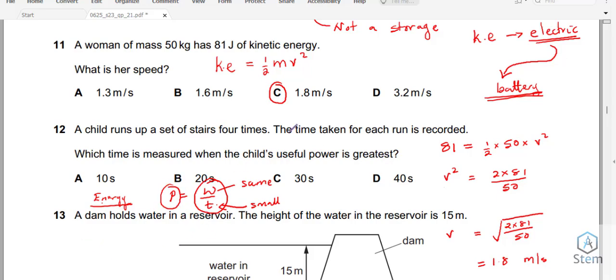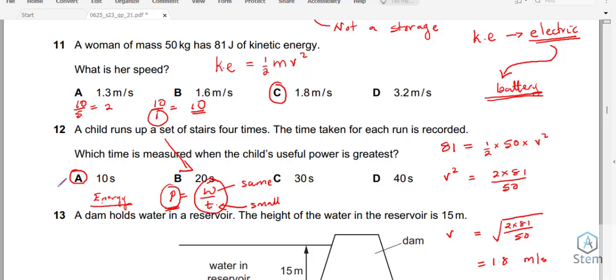Let me show you an example. 10 divided by 5 gives you 2. 10 divided by 1 gives you 10. So when the denominator is small, you get a bigger answer. And in this case, our answer will be power. So A is the correct answer.